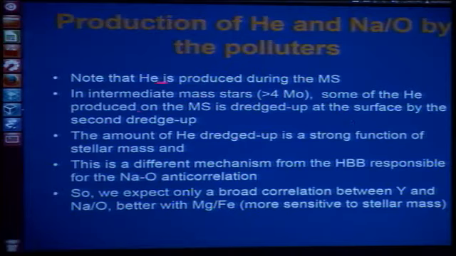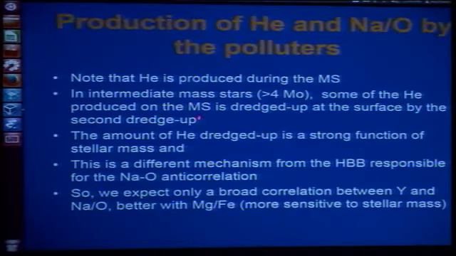So the helium is produced in this way. The helium that you see, that can then go to pollute the interstellar medium to form the second generation, comes from this kind of process. This is different from the hot bottom burning, which is responsible for the oxygen-sodium anticorrelation, and which is a later phase in the evolution of the AGB stars.